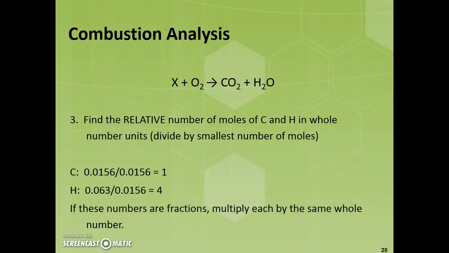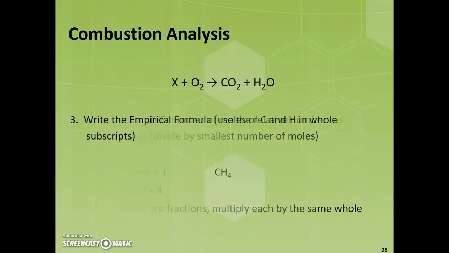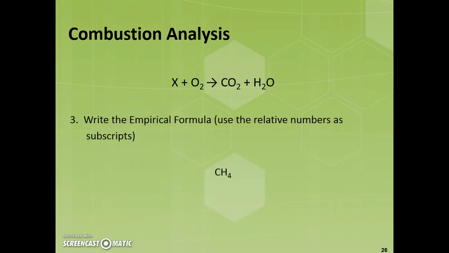And of course, if we got fractions, we'd have to go through and multiply through by a whole number to get a whole number ratio to put into our formula. But in our case, we have 1 to 4. So CH4 is our empirical formula.